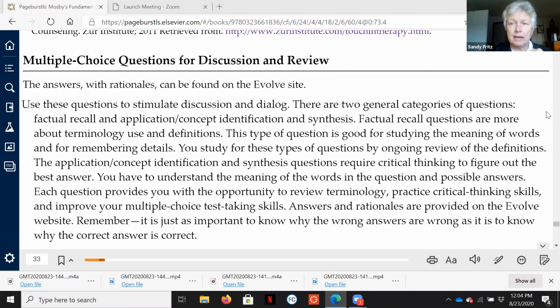You have to understand the language to be able to understand what the question is asking. And then you have to be able to use critical thinking skills to match up the correct answer with the question. Sometimes there's a sense of ambiguity.